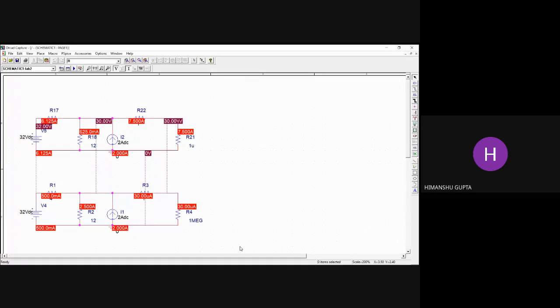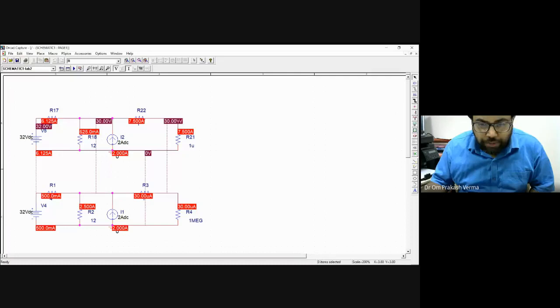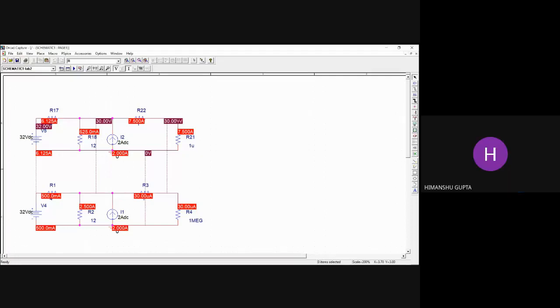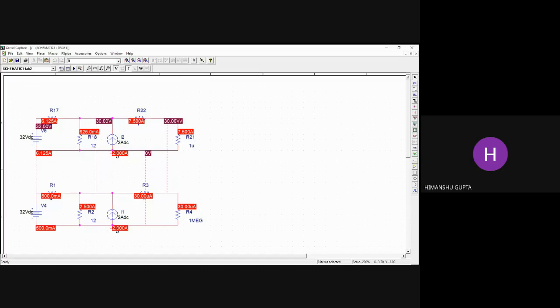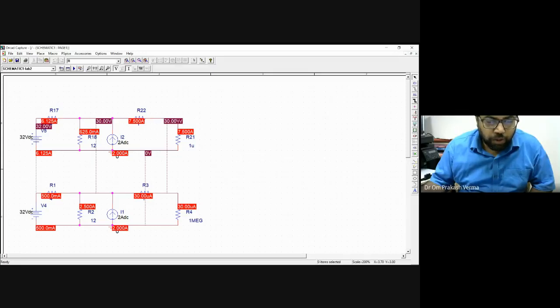So VTH is 30 volt, because this is the 1 mega ohm, right? Yes, sir. Yeah, 30 volt is there, right? And what is the RTH? Sir, RTH should be 4 ohms. Yes, we've already calculated 4 ohm.